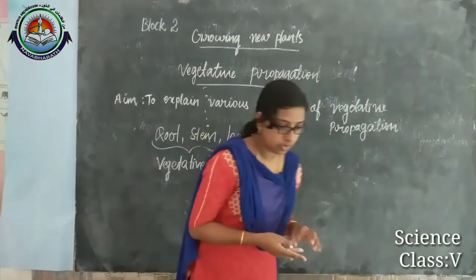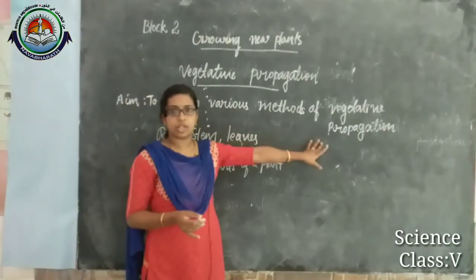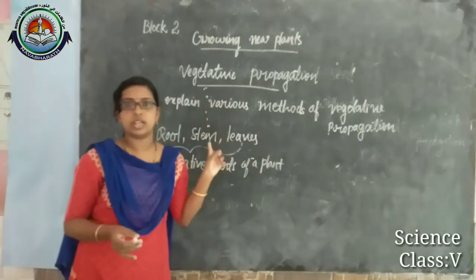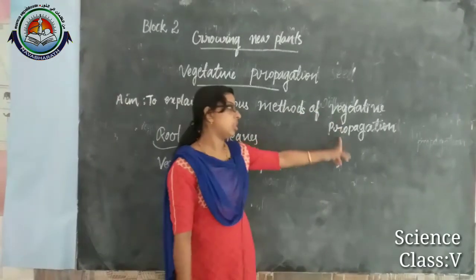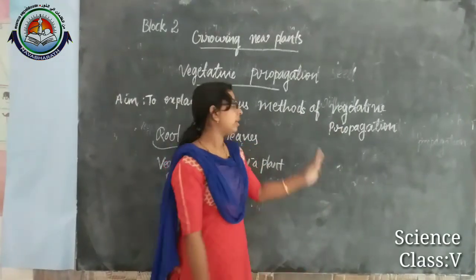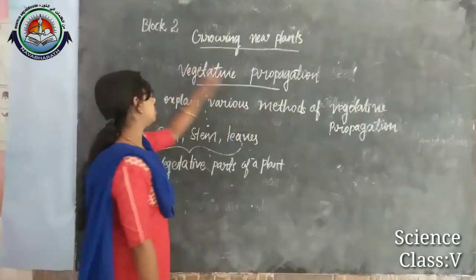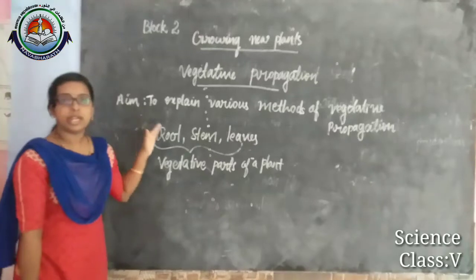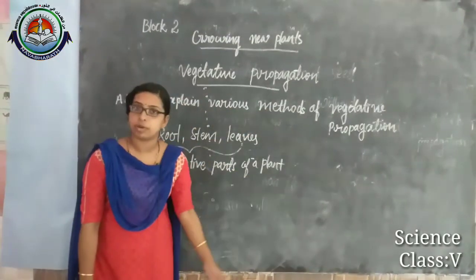The keyword here is vegetative propagation only. In the first lesson I already wrote about the keyword, so I am not writing it again. The main aim is to explain various methods of vegetative propagation.